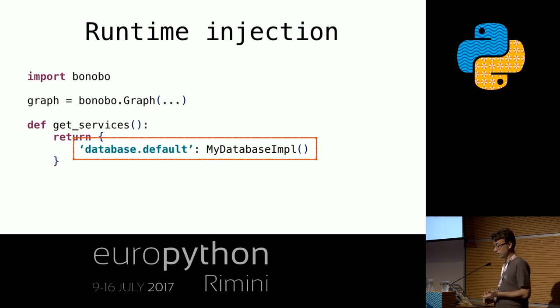And at runtime, you can provide via a get_services function a simple dictionary that provides the implementations, allowing, for example, to provide a different dictionary for tests, so you will be able to provide a my database test implementation or mock implementation instead of this one to test the transformation without testing the external dependencies, PostgreSQL, etc.